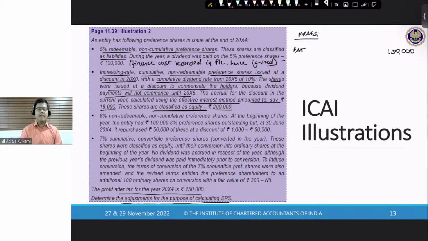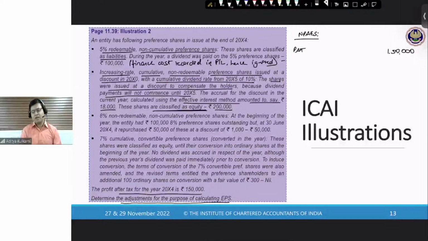And since the money that came in is lower by the discount amount, can I say that ultimately the persons who bear the brunt of this discount is the equity shareholder? And therefore, we will have to make an adjustment for this discount. Okay. Now, many of you are giving me answers that discount needs to be adjusted, which is absolutely right.